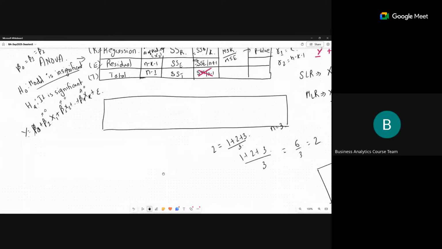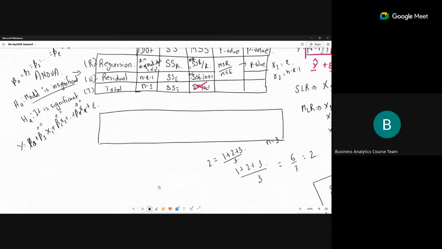So now, how should the f be? Should f be large or small for you to reject h naught?